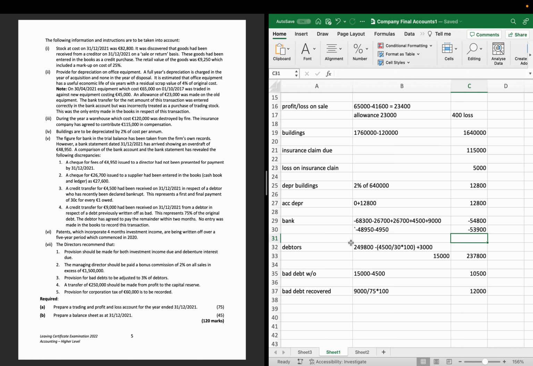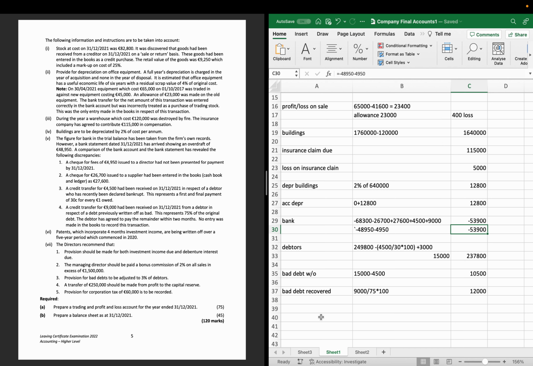Made a mistake there somewhere. Minus 26.7 plus 27.6. That should be it, see? Yeah, there you go. So it balances now. So that was a typo for me. So if it doesn't balance, you've made a mistake. Go back and check and see where the mistake is.